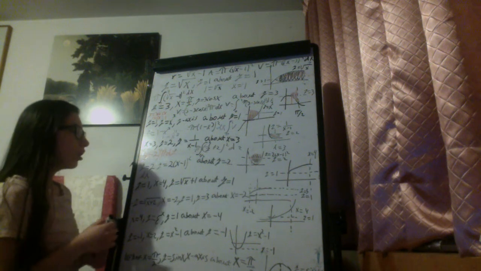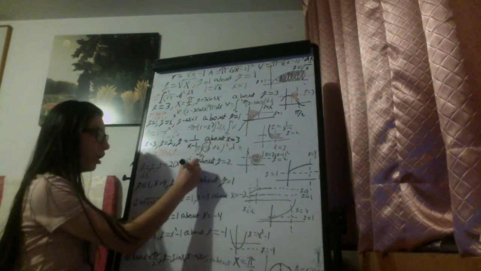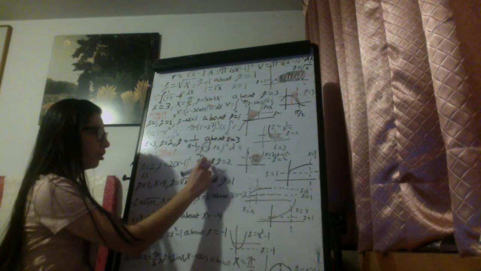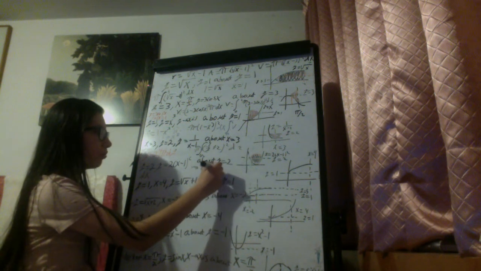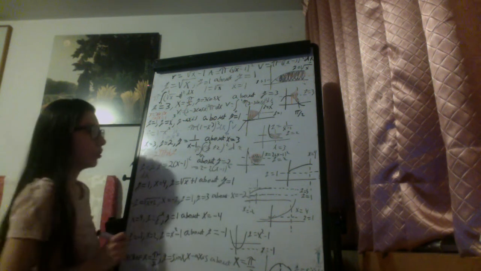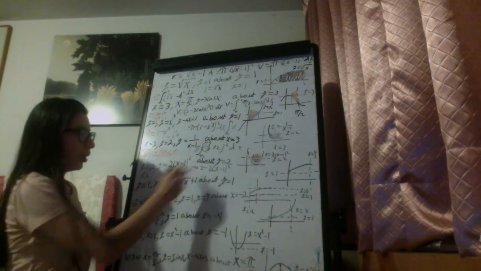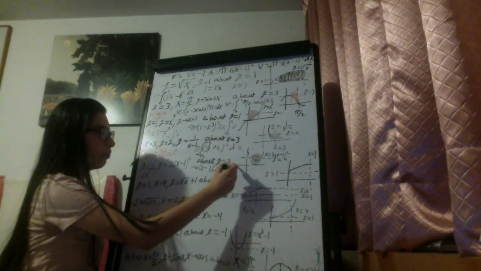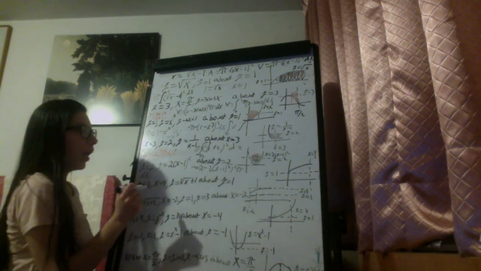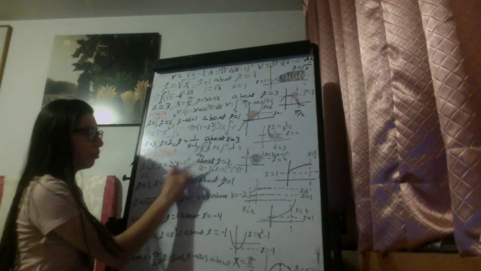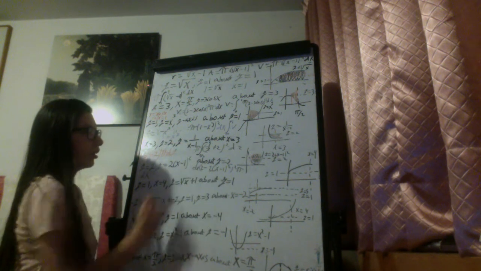So the radius r is 2 minus 2 times (x minus 1) squared. The area will be all this squared times pi. And the volume of each one of these would be this times delta x.